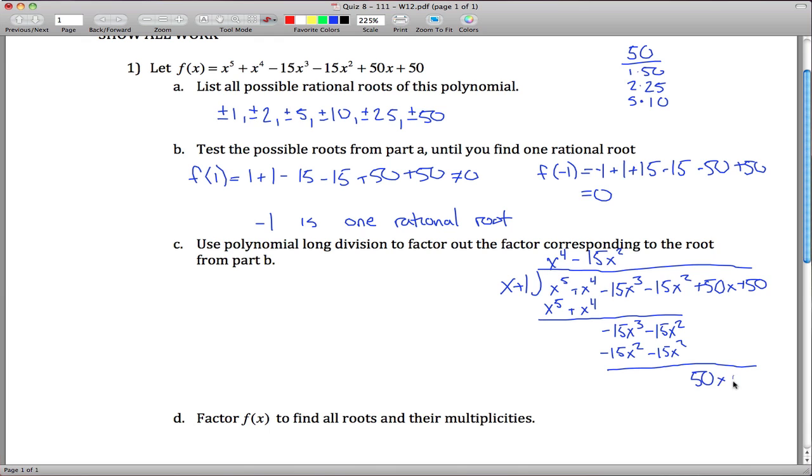We're left with 50x plus 50. If you throw a 50 up on top, you get 50x plus 50, and subtracting gives 0. You're happy because that tells you that f of x is equal to x plus 1 times x to the 4th minus 15x squared plus 50.